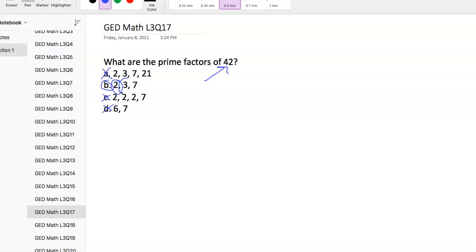Is 3 a prime number, right? The answer to that one is yes. And if it's a prime number, then is it a factor of 42? The way you figure that out is you take the 42 and divide it by whatever number you're asking about, 3. Does this equal an integer, like a whole number, right? 42 divided by 3 is 14, so that one is good.